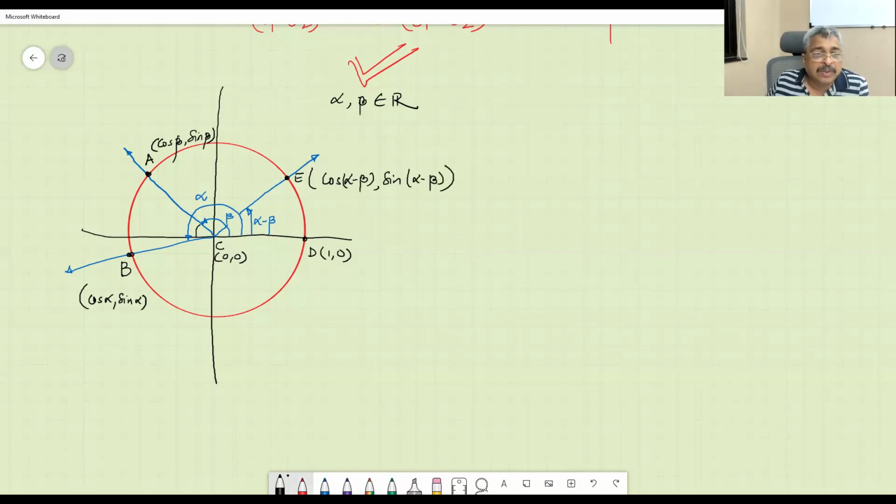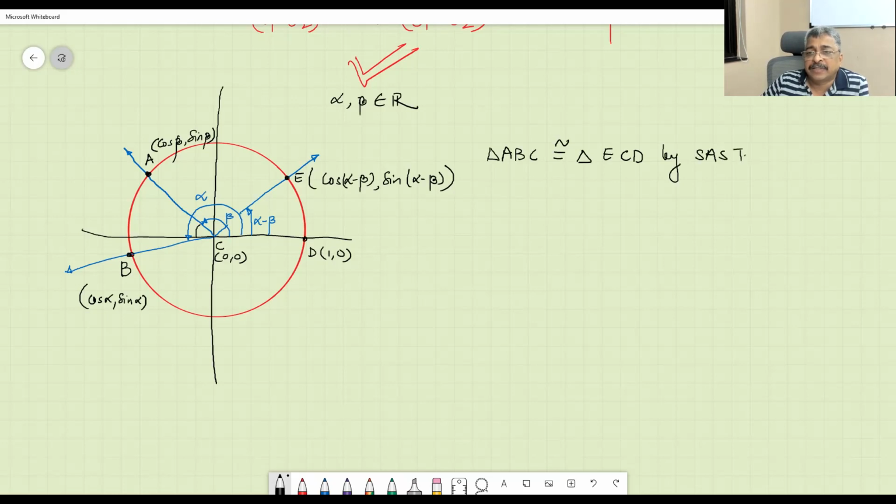Oh, good. And therefore triangle ABC is congruent to triangle ECD by the SAS test.